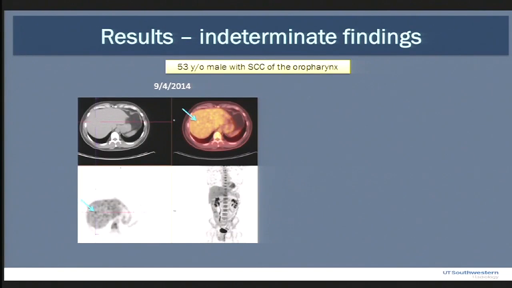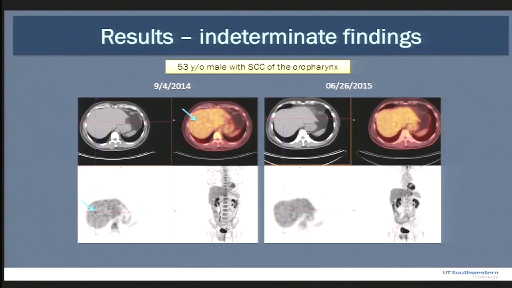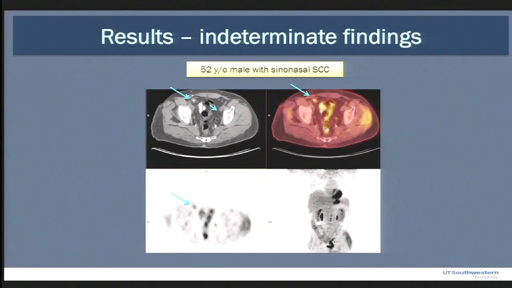This other patient had this small focus of increased uptake in the liver, which didn't have any CT correlation. And it also resolved on the follow-up study, so likely not a metastasis. This patient had this soft tissue density with some calcifications in the pelvis with a low level FDG uptake, which was probably related to post-surgical changes.